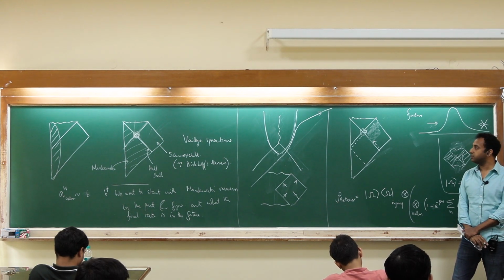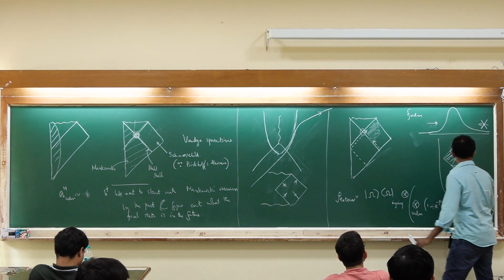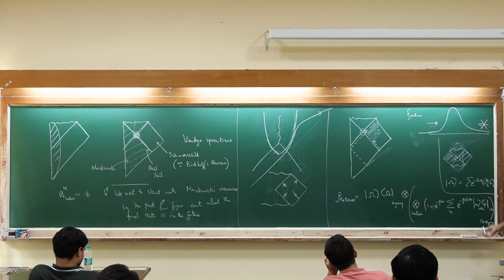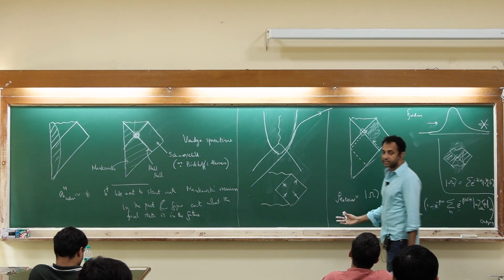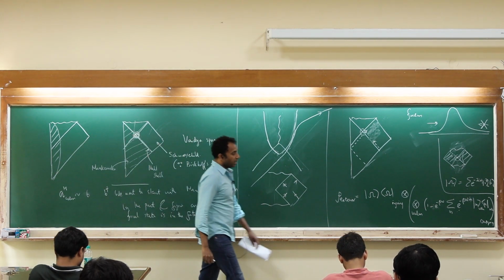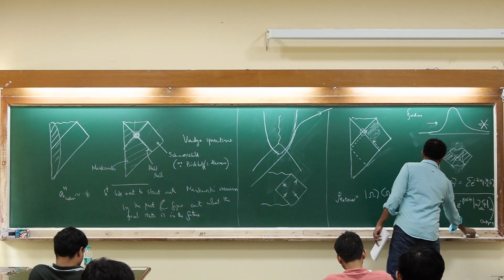So you can think of it as coming from this sort of thing. The same reason why the Unruh vacuum looks like a density matrix is the reason why this initial state is a density matrix.